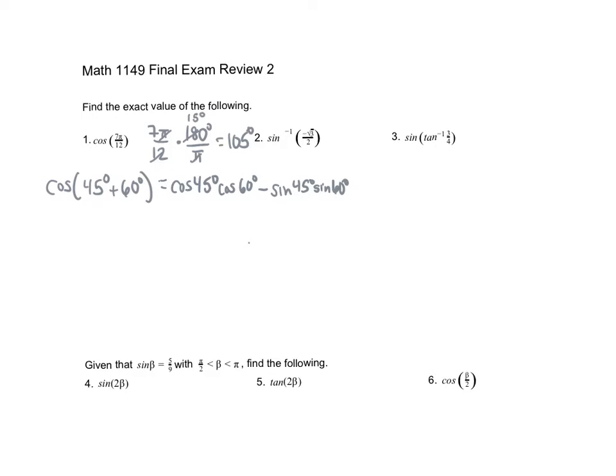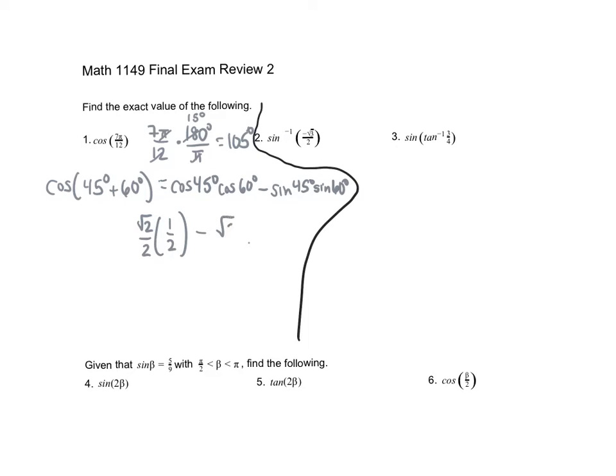Now all these angles, 45 and 60, are on our unit circle, so they will be okay to be used. The cosine of 45 is radical 2 over 2. The cosine of 60 is 1/2.